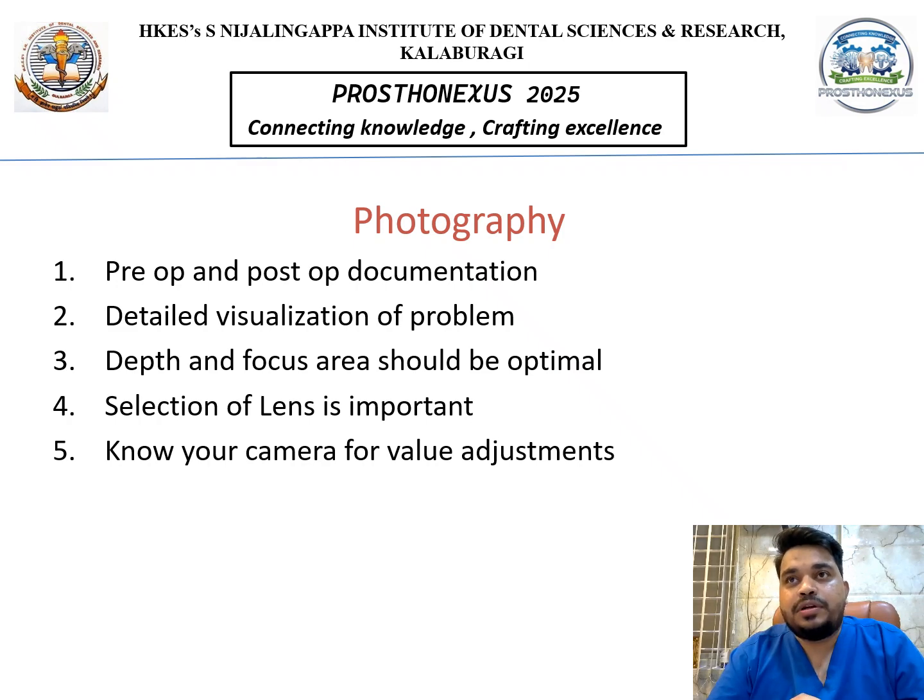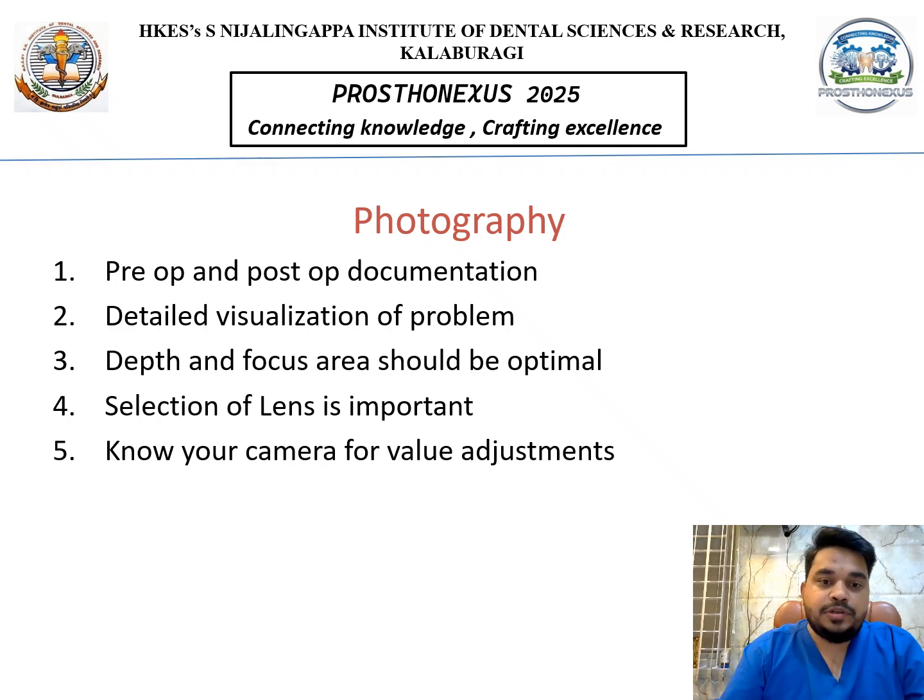For extraoral photography, the lighting is more important than the lens, but usually we use somewhere around 35 to 45 mm lenses. They are enough with good lighting. But for intraoral photography, it should always be a 100 macro lens.